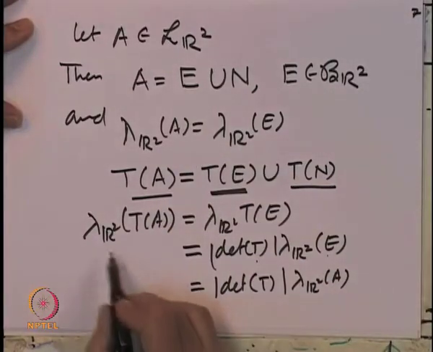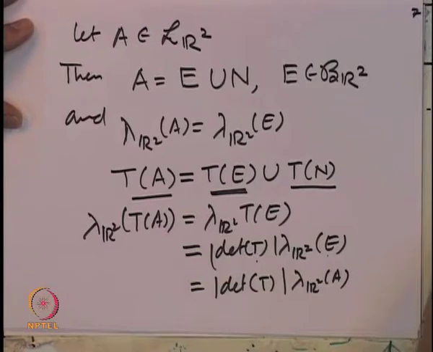So, that proves that for a Lebesgue measurable set, the Lebesgue measure of the transformed set T of A is the same as determinant of T times the Lebesgue measure of the set A itself.